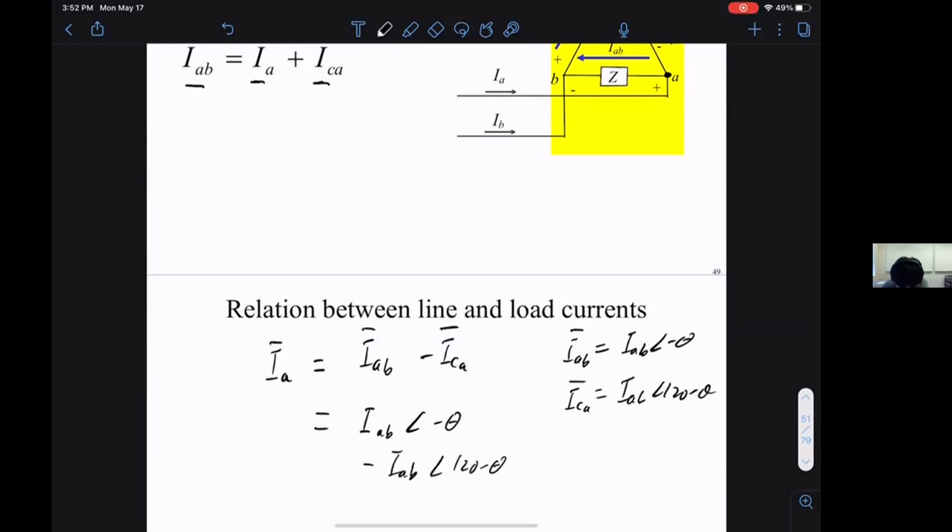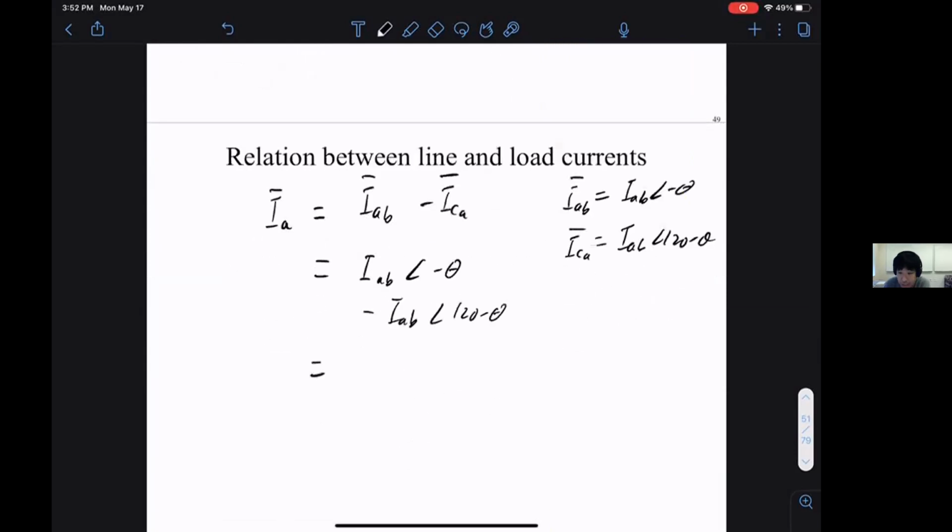The angle just changes by 120. So here, if you do this calculation, this is again √3 IAB at an angle minus. Okay, so exactly the same as before, the current goes up by a factor of √3. Right, the current goes up by a factor of √3. The angle shifts by 30 degrees.